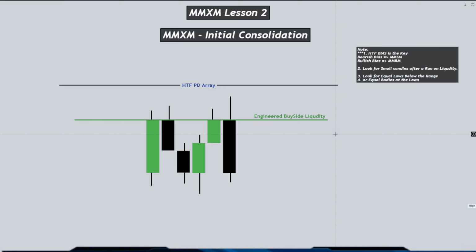So look for the buy side curve of the market maker sell model, and later on the sell side curve of that, if you can understand from the first drawing. If not, still okay, just try to figure out the initial consolidation and look at what price does around those areas, if you can identify those.